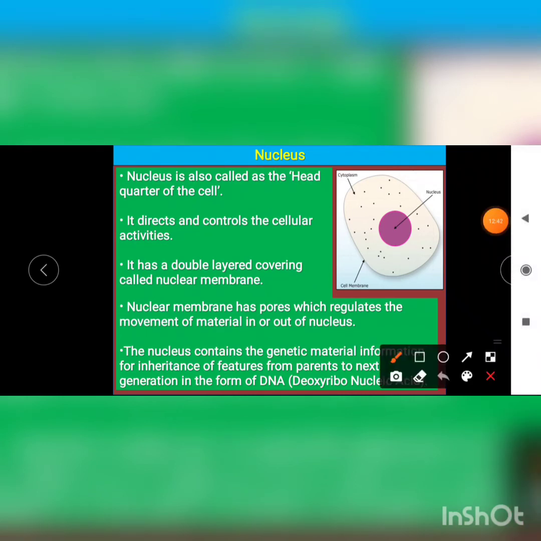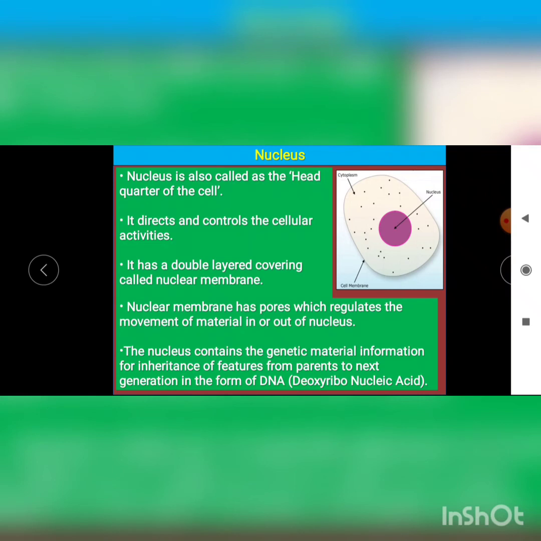It will be somewhat like this, and it has pores like this through which substances can enter or exit.